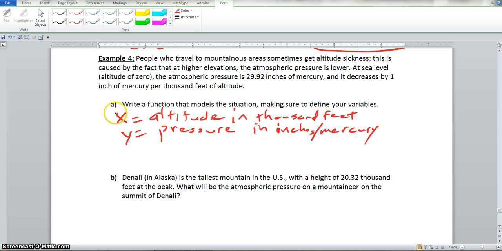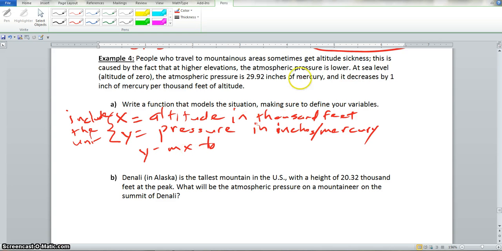Now, remember here, whenever we do this, we always must include the units. Always include the units. So we will have y equals mx plus b.